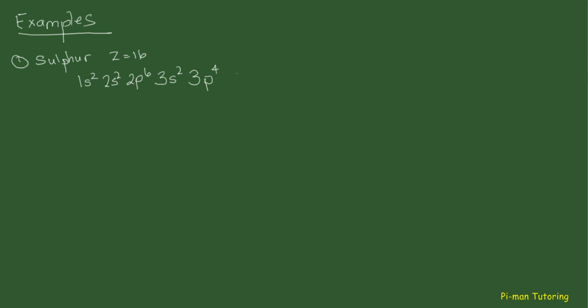We can also write it in noble gas format by taking this first section of the configuration and replacing that with neon, and we're left with 3s2, 3p4. Now we take a look at a couple of ions. Now remember, when we're dealing with ions, we are either adding or subtracting electrons from the electron configuration. So let's suppose we have the sulfur 2- ion.